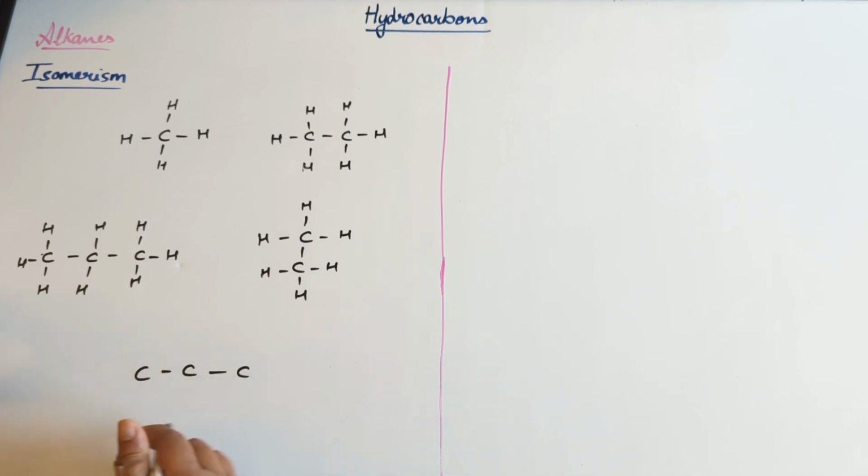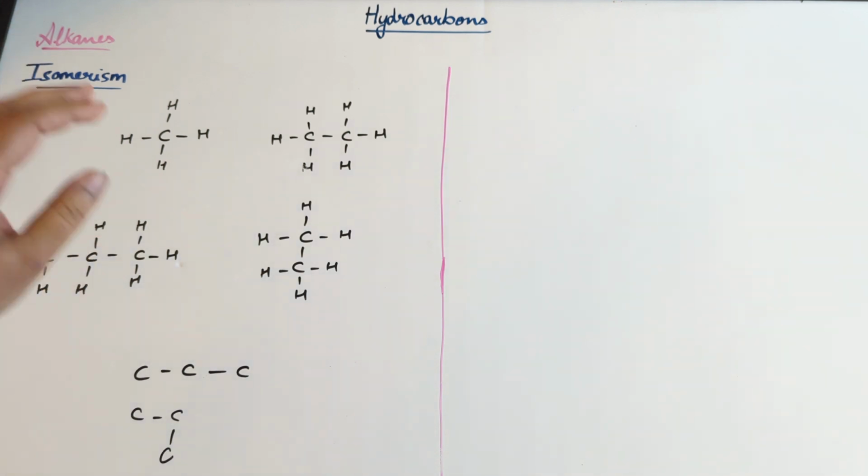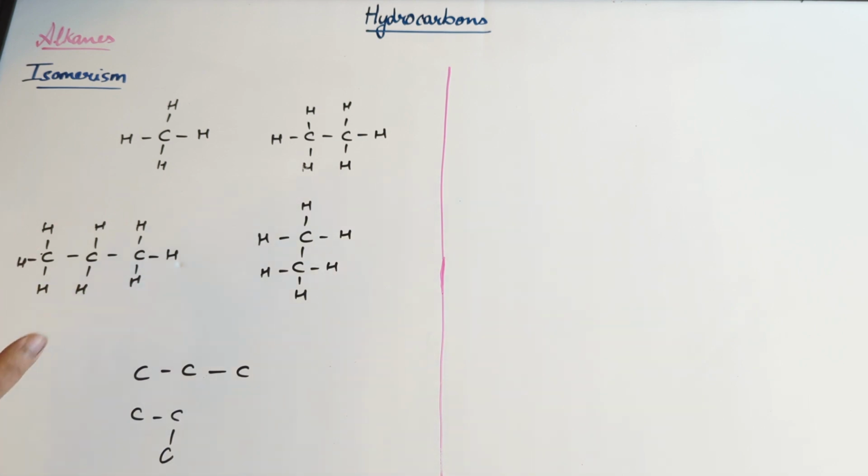So it's either going to be this or this, which is basically this in an L-shaped format. So methane, ethane and propane, these 3 do not show isomerism. It's only from the 4th one in the series, that is butane, that we start talking about isomerism. So these 3 are not going to show us isomerism.